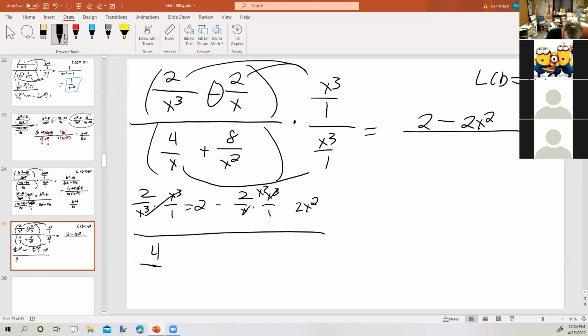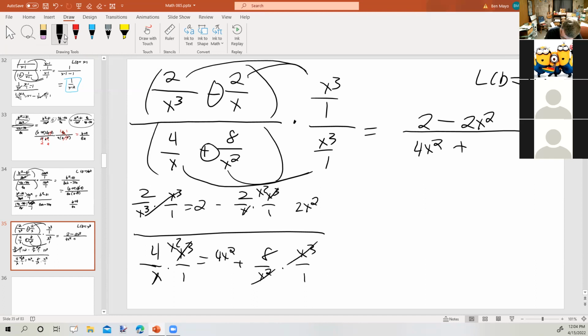Four over x times x cubed over 1. X cubed over x is x squared, so we get 4x squared, plus 8 over x squared times x cubed over 1. X cubed over x squared is x, so we get 8x.